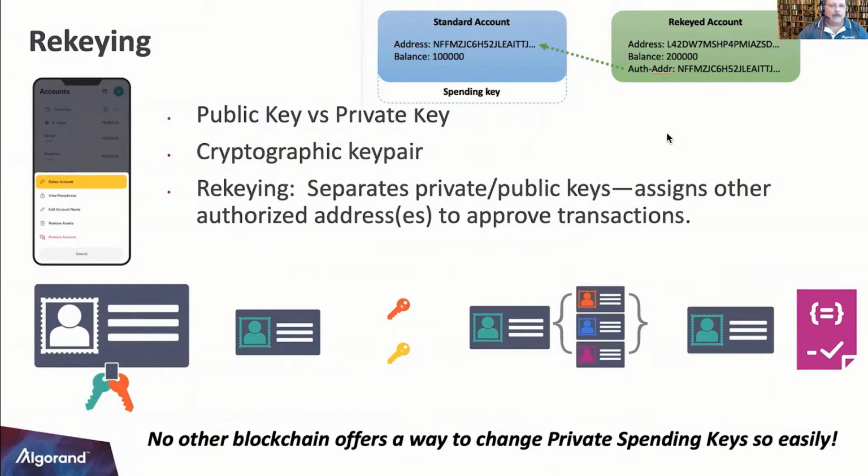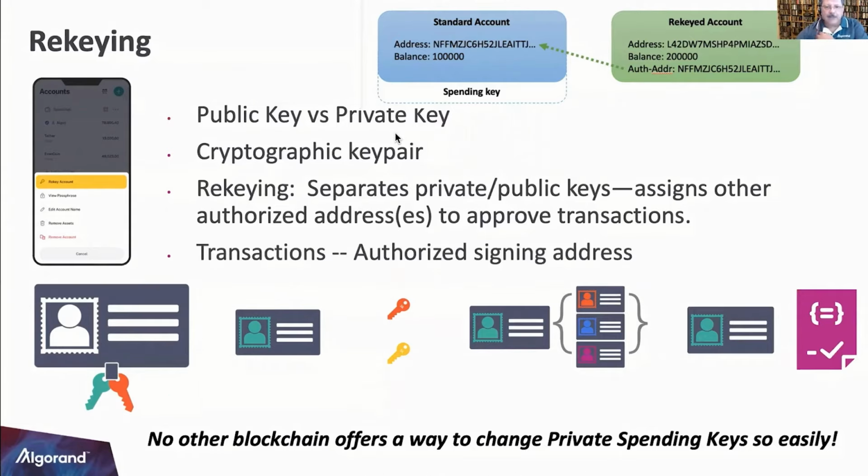The problem was, when you say evolve, you start out maybe as a single account. Then maybe you get that board of directors scenario where you want a multi-sig account. Up until recently, you've had to recreate both of these from scratch and then transfer everything over. And it was very cumbersome to do that. We're, I think, one of the few blockchains, if not the only blockchain, that makes this very easy to do by simply rekeying it.